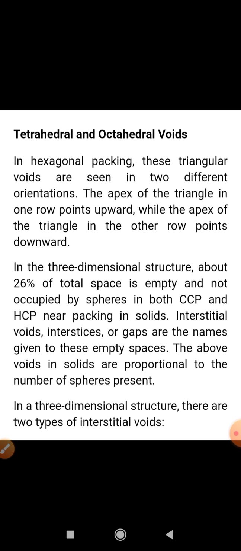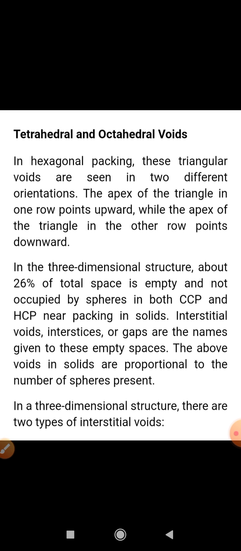In the three-dimensional structure, about 26% of the total space is empty and not occupied by spheres in both CCP and SCP. That means if we see the arrangement of particles in CCP and SCP type of packings in solid, nearly 26% of the total space is void, that means empty.